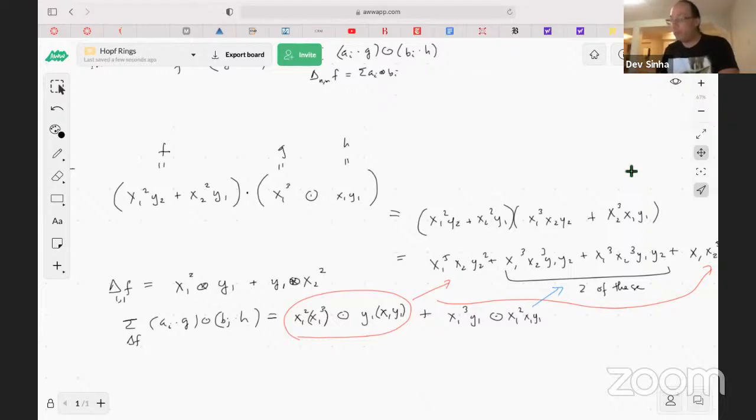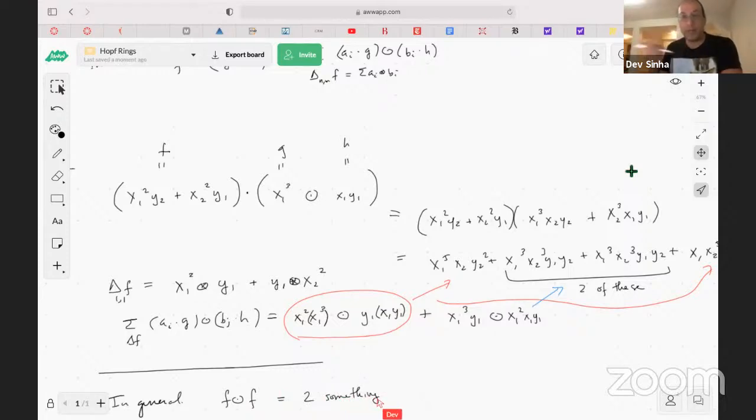And so notice that in general, as in here, f times f is going to be twice something, because there's already this S2 symmetry to begin with.